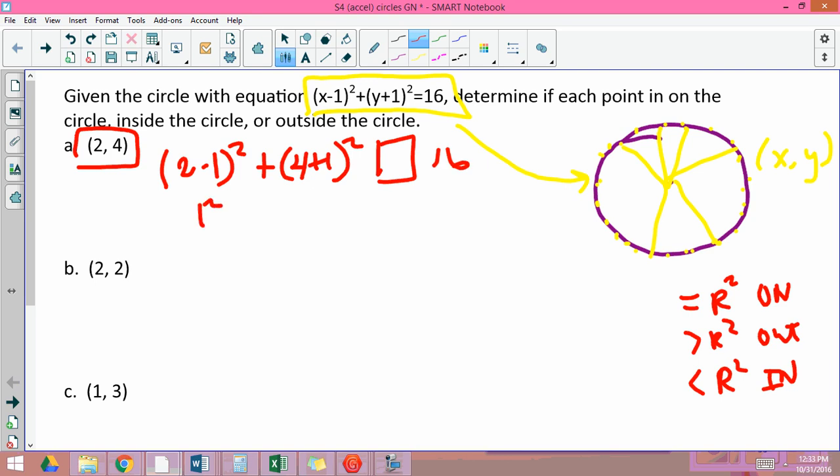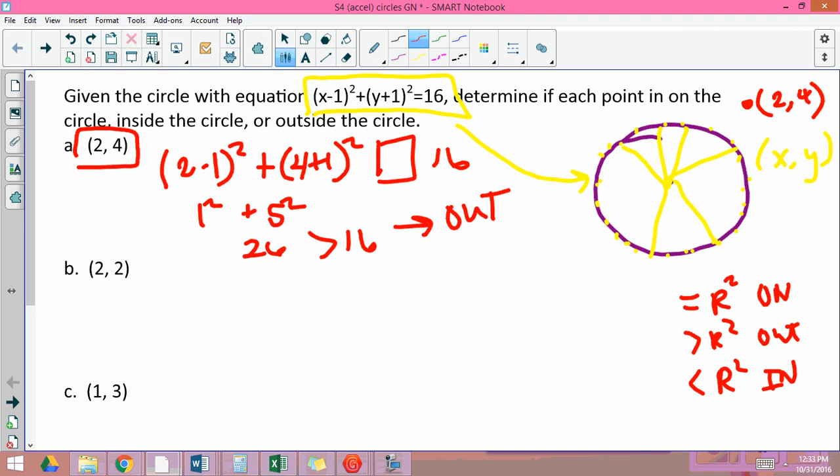I have 1 squared plus 5 squared, so obviously I'm going to end up with 26. That's greater than 16, and that means that this one is somewhere outside of my circle, whose center is at 1, -1, and who has a radius of 4. So that point's somewhere out there.